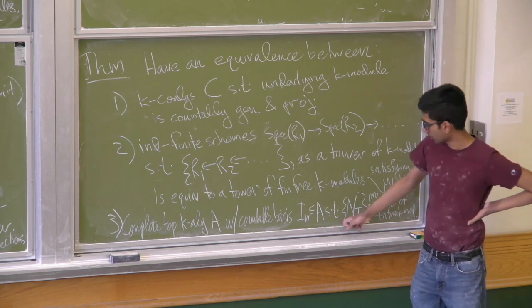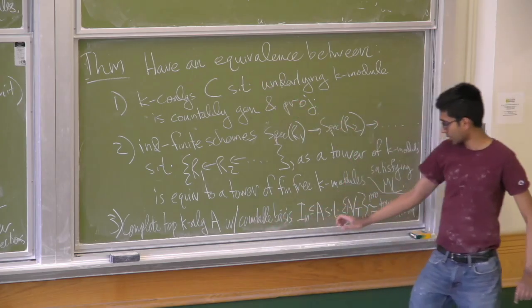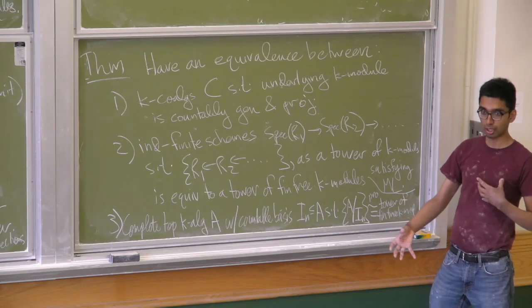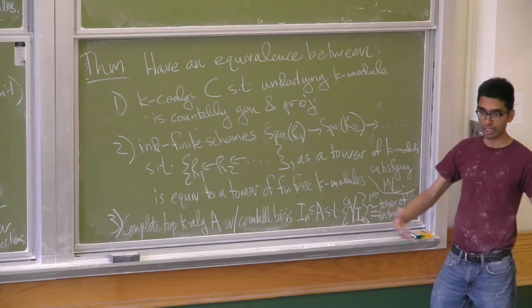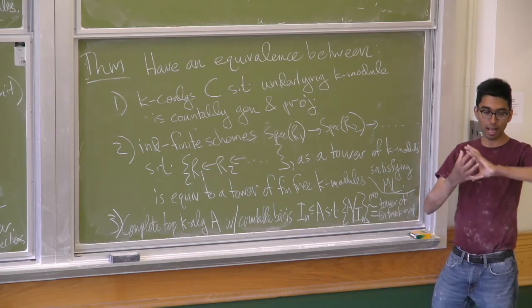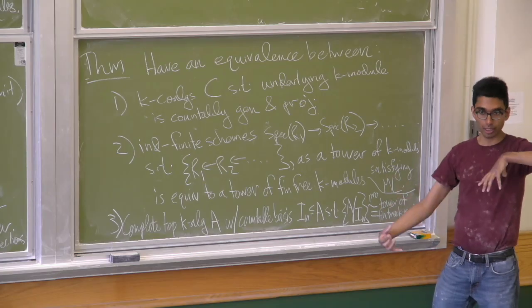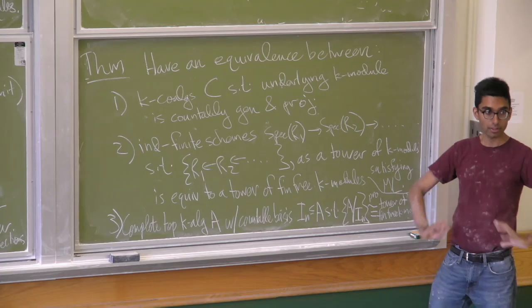Yeah, so the comment is that you're considering some sort of topological K-algebras. So how do you get these kinds of topological K-algebras? You could imagine that you have just an ordinary algebra, and you have a descending sequence of ideals, and you can form the completion with respect to that topology.